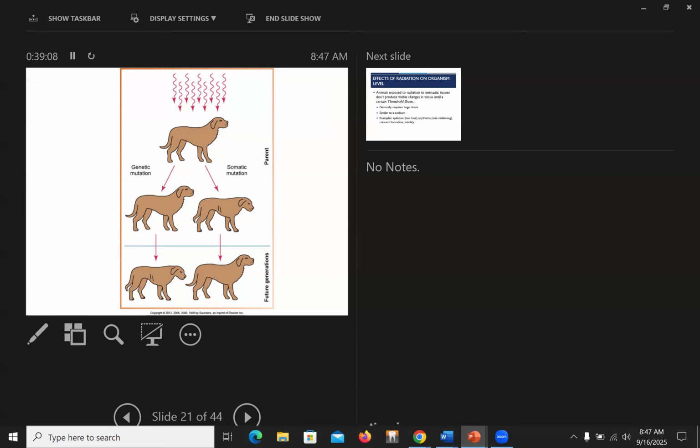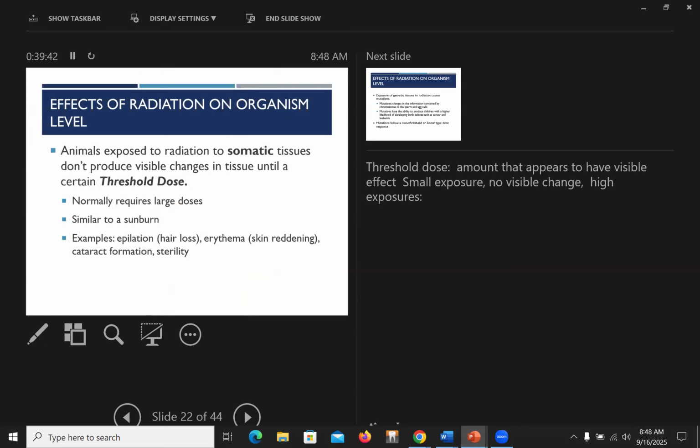If they survive the cancer and they have offspring, the offspring could be weakened, more susceptible to disease, more prone to cancer, or have some kind of DNA problem, or be born with something. With somatic tissue, if they get the radiation and the somatic tissue is affected, they will feel the effects of it. They'll have some kind of damage, but their future offspring will be fine. So that's just a little simple drawing that illustrates that.